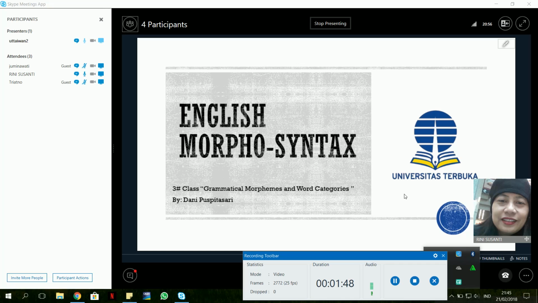Yang grammatical morpheme and word categories. Dari buku, tolong.